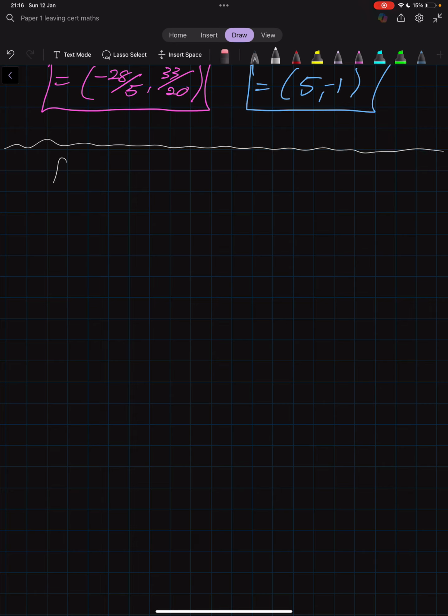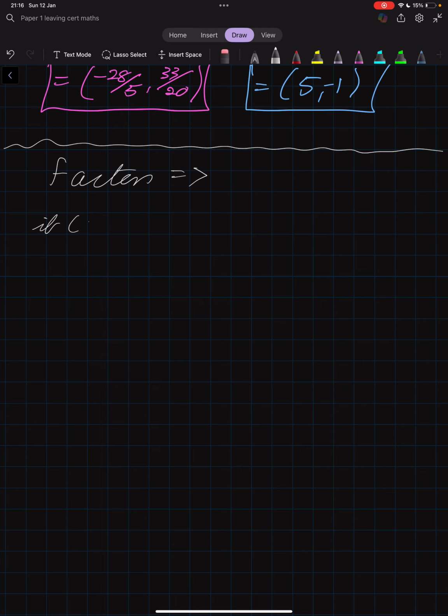So we say that if x minus a is a factor of f of x, then f of a equals 0.